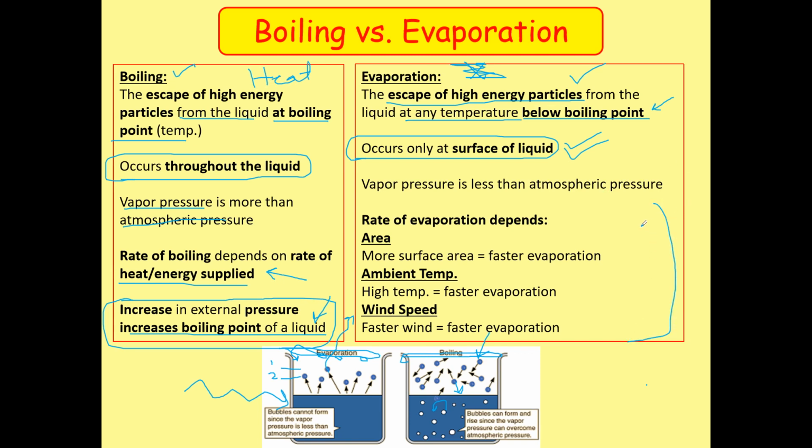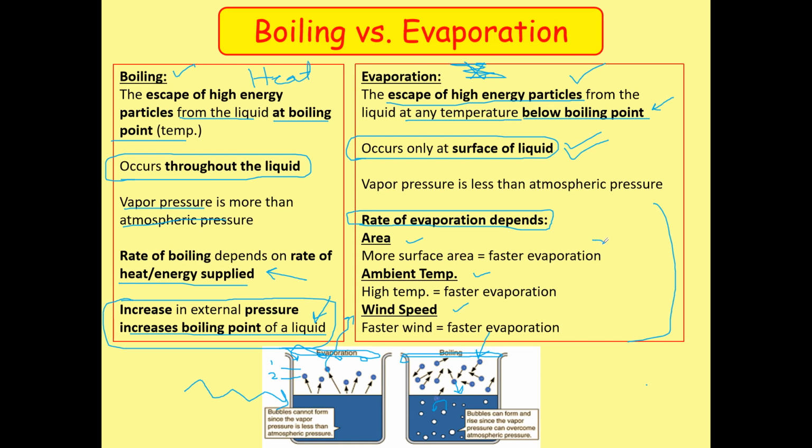So on what factors does the rate of evaporation depend? How fast something can evaporate? It depends on several factors, but for physics we're going to restrict ourselves to the area, the ambient temperature, and the wind speed. Now the type of material definitely affects the rate of evaporation. If I put honey in a beaker, then I don't think it's going to evaporate that fast.